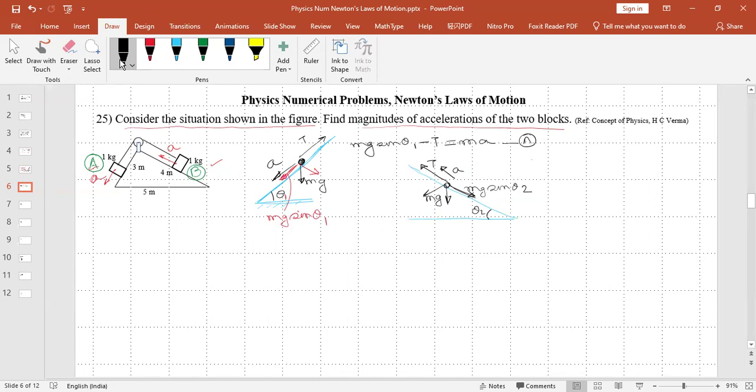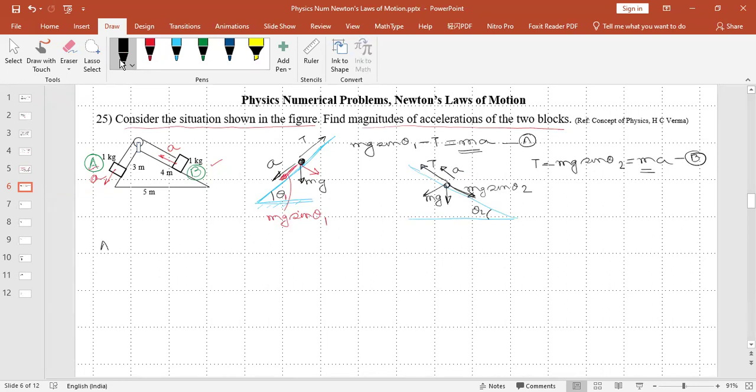So you can once again write this equation, T minus mg sine theta 2 is equal to ma. In both cases, we have taken m because the masses are given as 1. So let's say this is equation B.